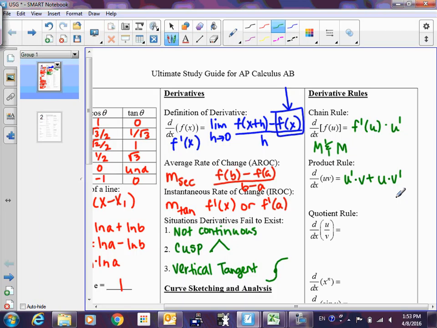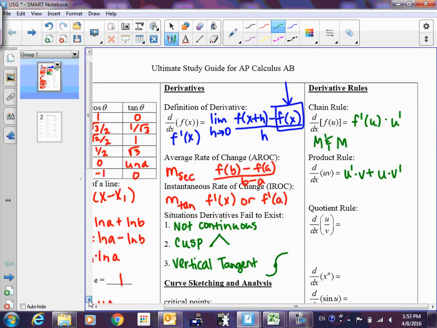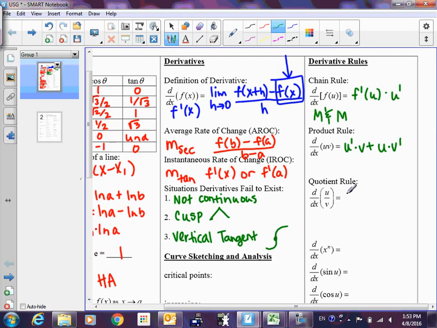Notice that I only take the derivative once, and they're not back to back. If you can remember that, you can get product rule even if you get the order mixed up a little bit. It's okay. How is quotient rule different than product rule? It's negative and it's over, and then you put it over v squared.